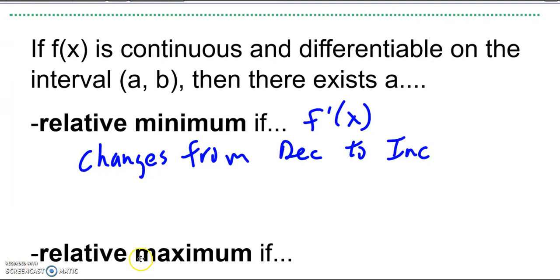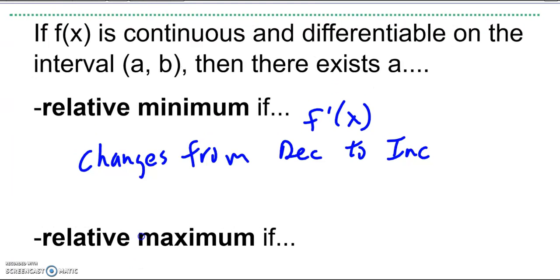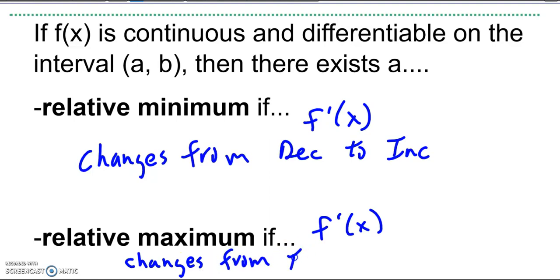And then there's a relative maximum if the derivative changes from increasing to decreasing.